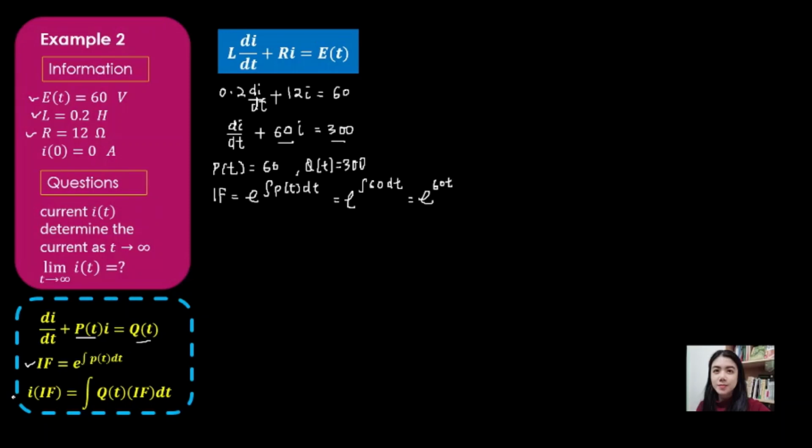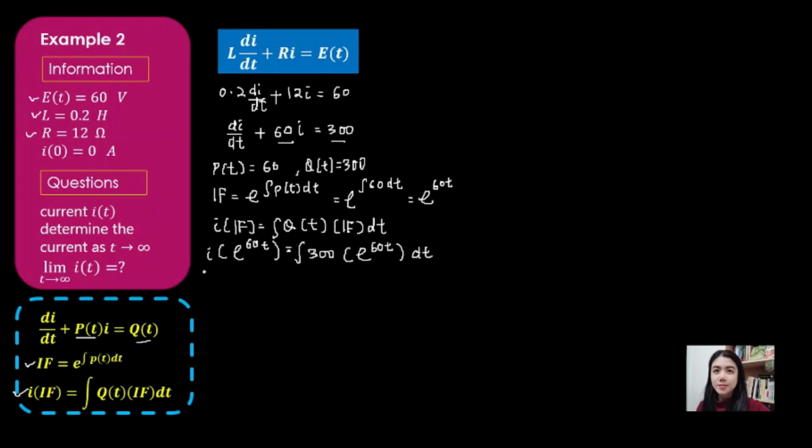Now let's use the last formula: I multiplied by IF equals the integral of Q(t) times IF dt. Substituting, you have I times e^(60t) equals the integral of 300 e^(60t) dt.